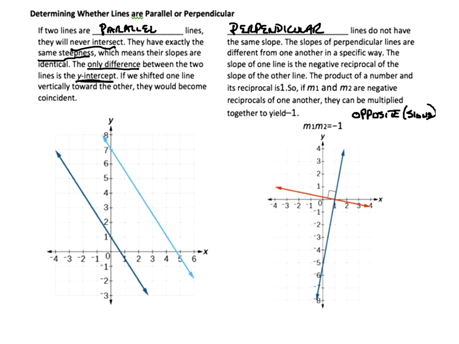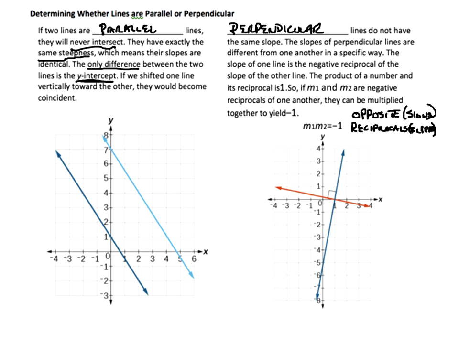Notice my orange line is a negative slope and my blue line's positive. They are opposite reciprocals. And reciprocals we usually know as being flipped. Now that's not the definition, but that's how we remember what reciprocals are.